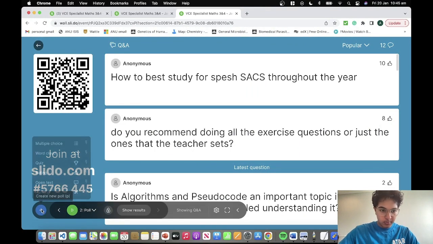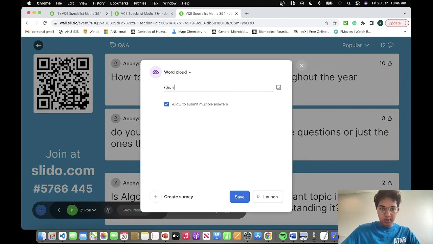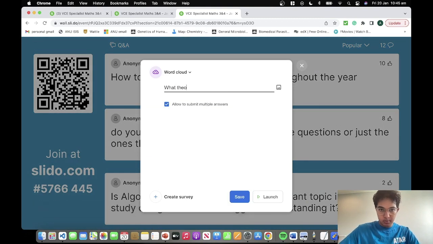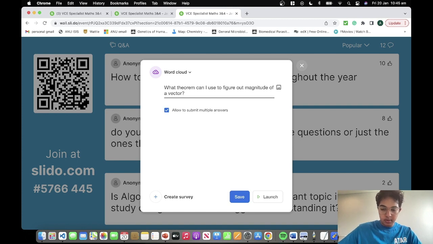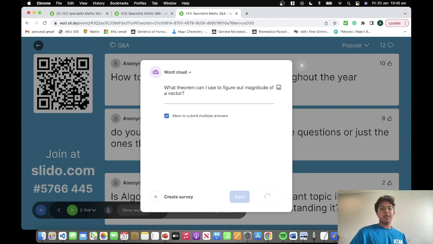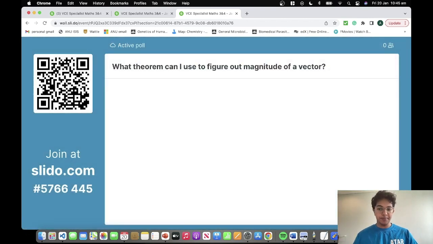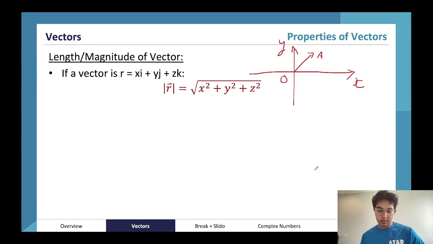Create new poll. Word cloud. What theorem can I use to figure out magnitude? My hint to you is that it's a theorem that you guys have come across in the past. It's 2 words.